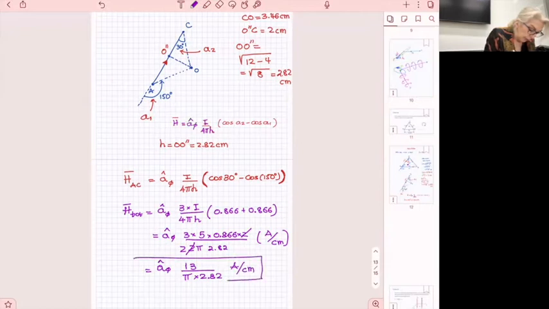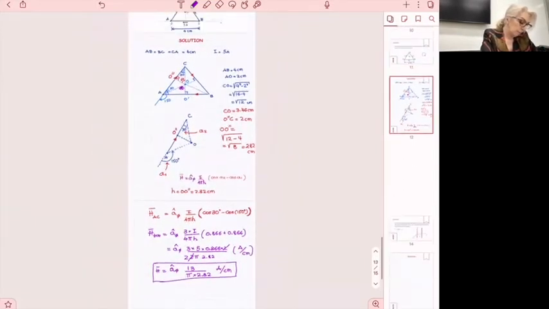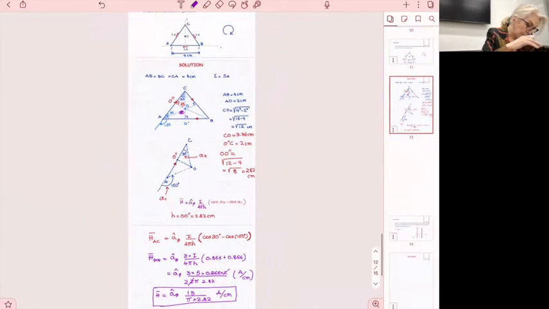And that's your magnetic field there. That's how you solve this one. Any questions about this?